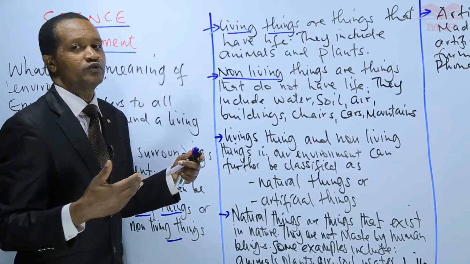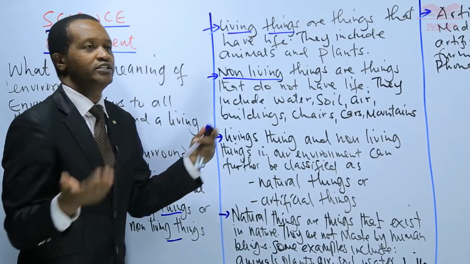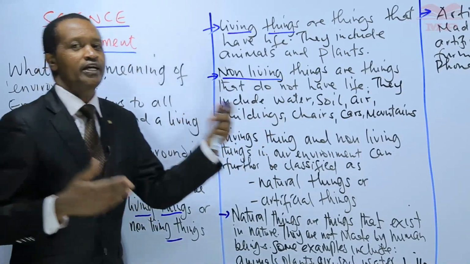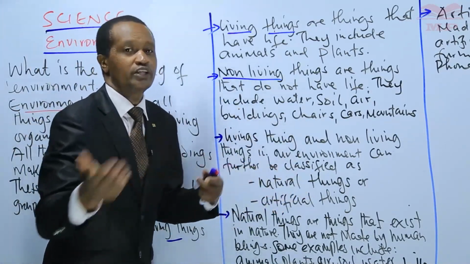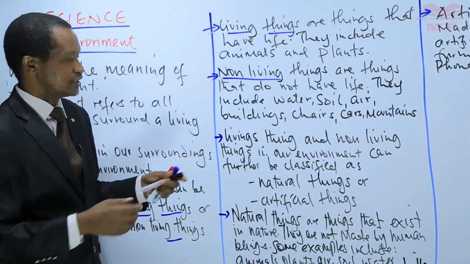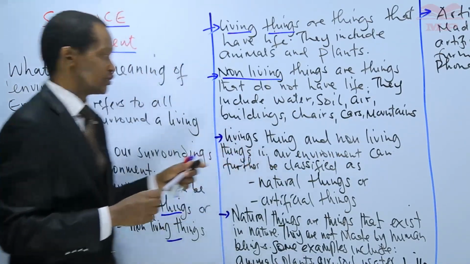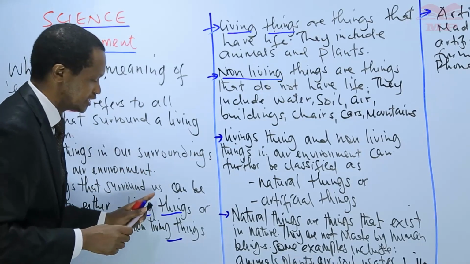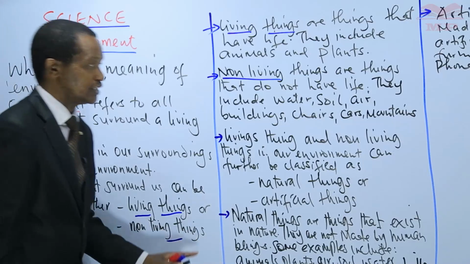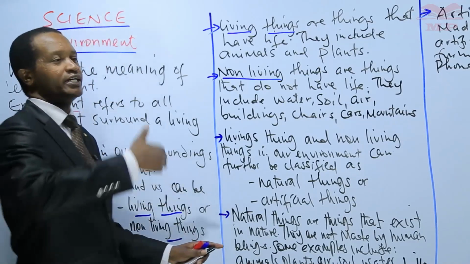We gave examples of such things as furniture, stones, hills, soil, water, air, and so on, motor vehicles, and so on. That is the first categorization of the things that we find in the environment as either living things or non-living things.